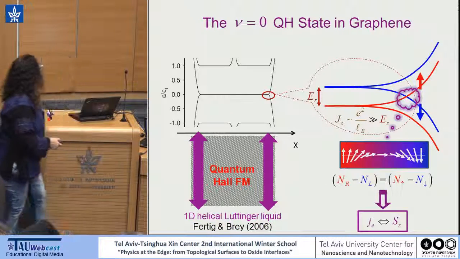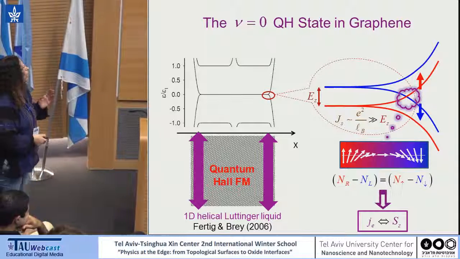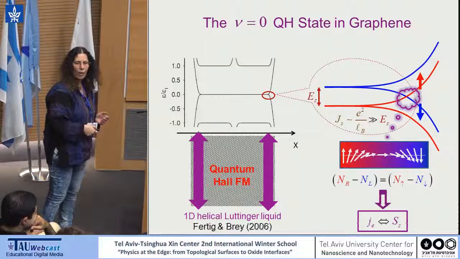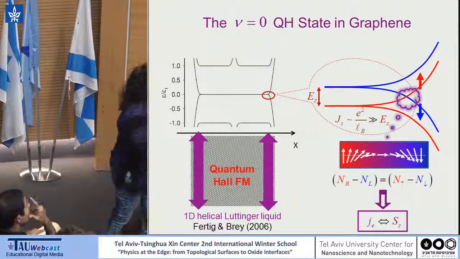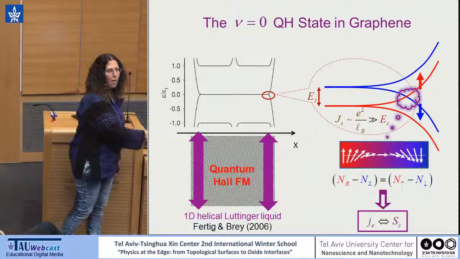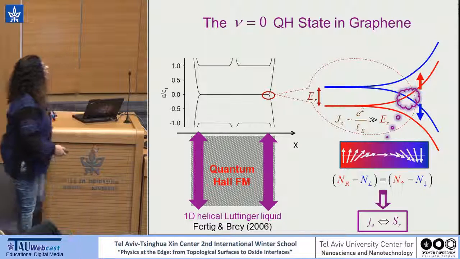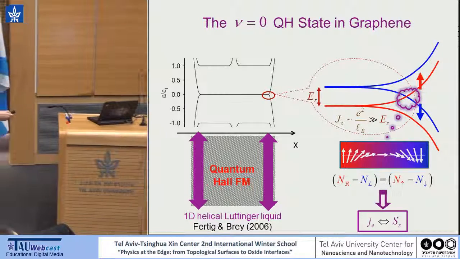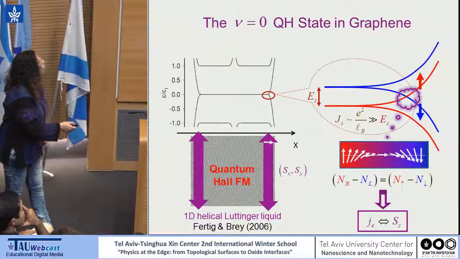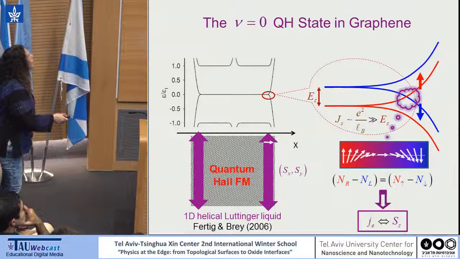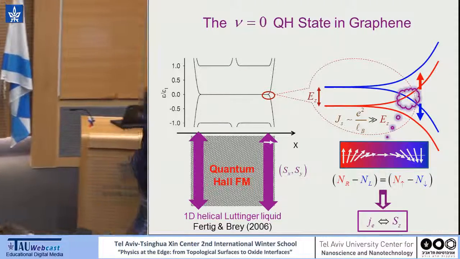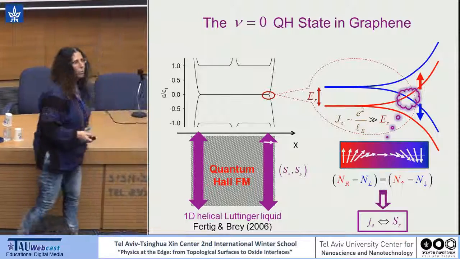In fact, all that the interactions do is to turn the helical non-interacting edge mode into a helical Luttinger liquid. It's still a one-dimensional mode that has this helicity property, namely the electric current is enslaved to the spin component S_z. And you can easily generate a collective excitation, which corresponds to a smooth spin wave with some planar twist, which transfers charge over the edge without cost of energy, or with very small energy.